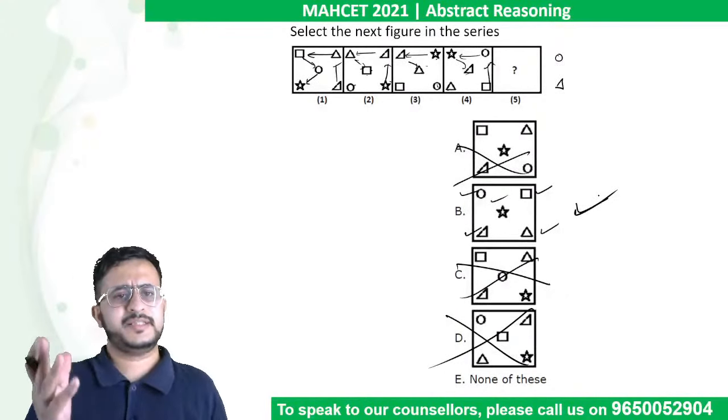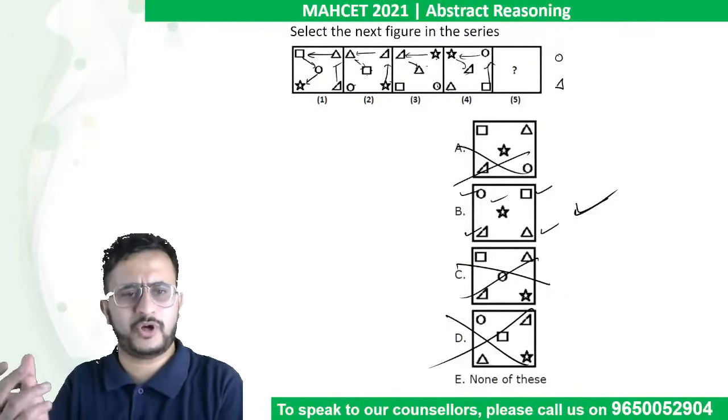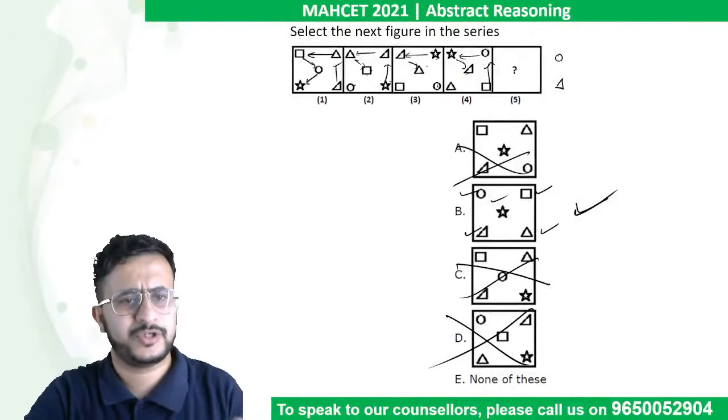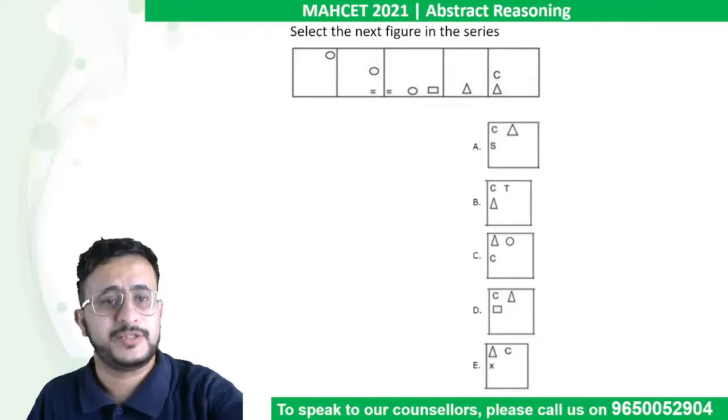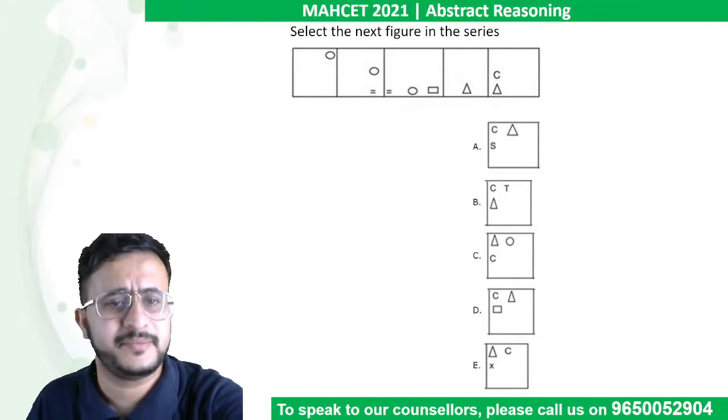Okay. So in series questions, they will follow some logic and you have to continue that logic for the next element. Okay. Correct. Okay. So let's figure out the next element in this series.